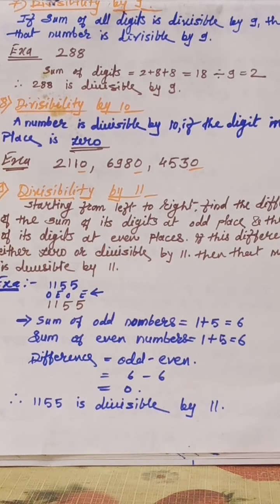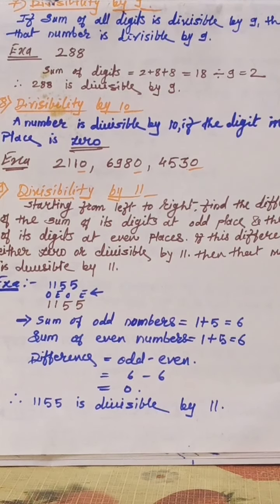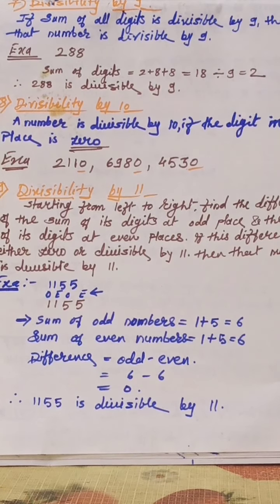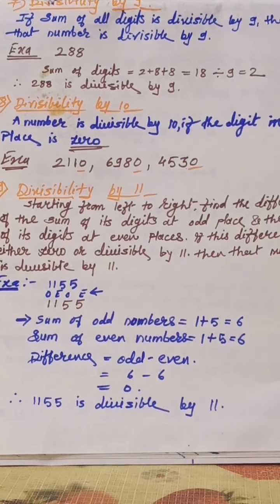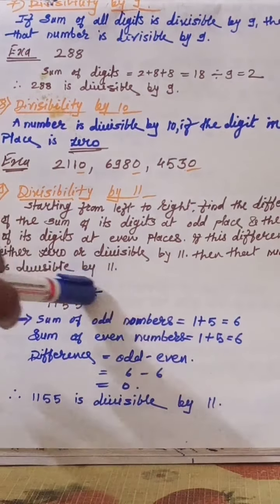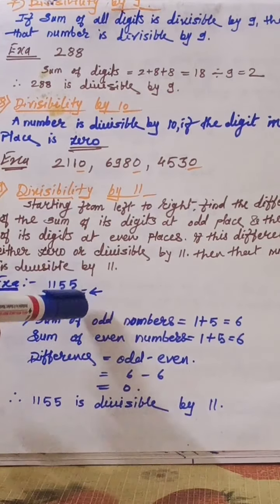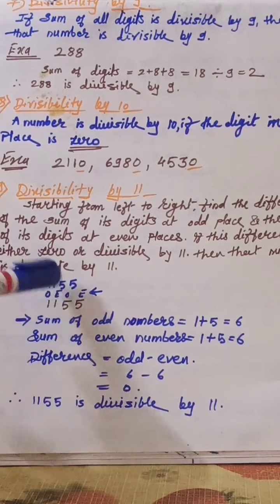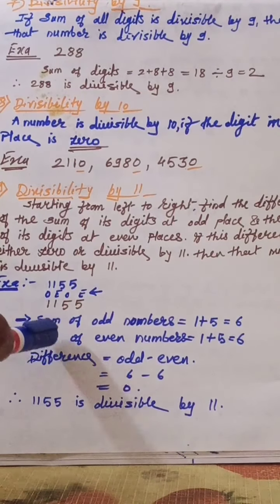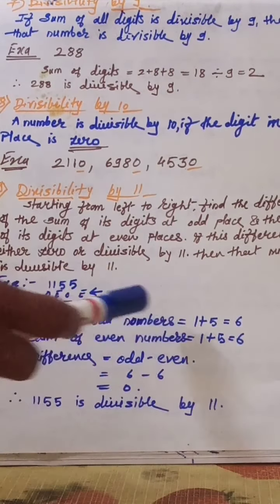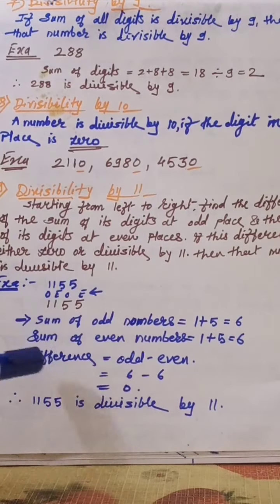Let's take one example, 1155. See the odd and even places. Starting from the left, it is odd, even, odd, even. Now we first take the sum of the odd-place digits, 1 and 5.